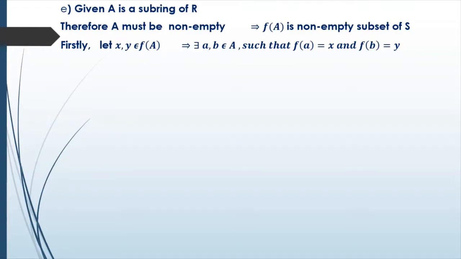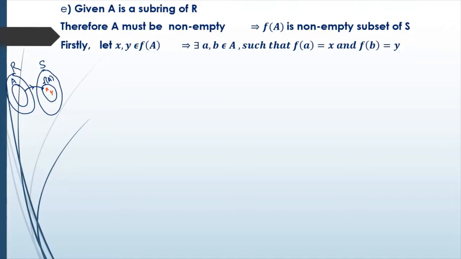First one, we have to take two elements in f of A. So here you are having f of A as a subset of S, which we have obtained from the set R. The R has the subset A, and this A only gives f of A. Now you take any two elements x and y in f of A. We have to prove that x plus y also belongs to f of A, x dot y also belongs to f of A, and then you have to prove the additive inverse of x belongs to f of A. Then only f of A will be a subring.